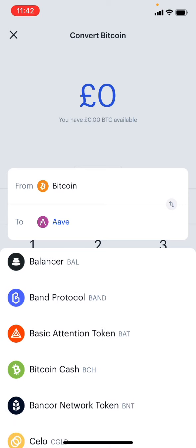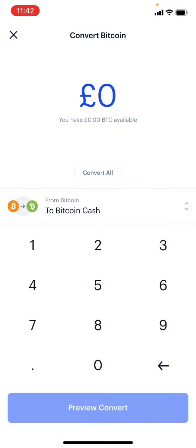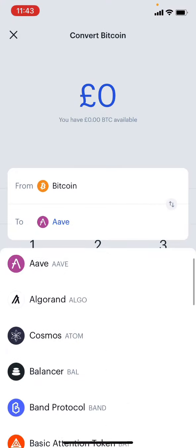So you see, now I'm just going to buy Bitcoin Cash, using Aave.